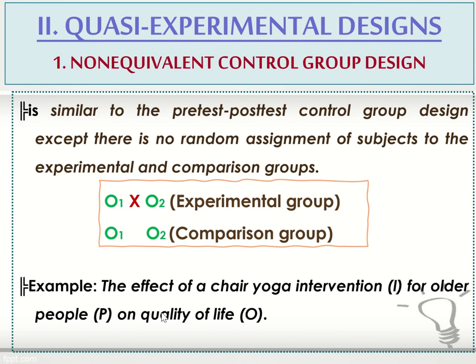Example, suppose we wish to study the effect of a chair yoga intervention. That is our independent variable for older people, which is our participant, on quality of life, which is our outcome.